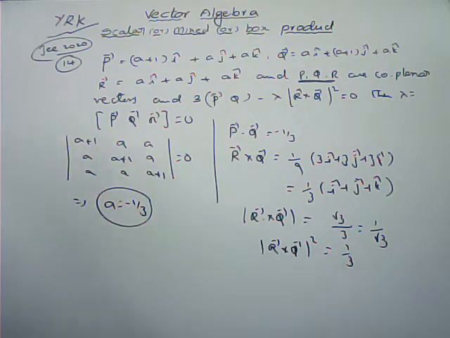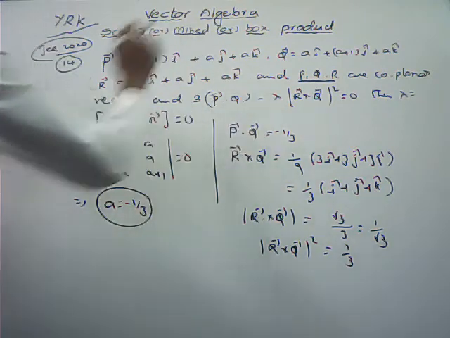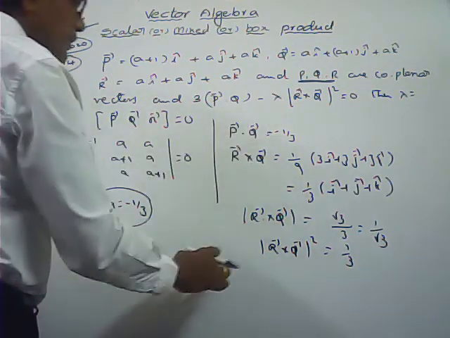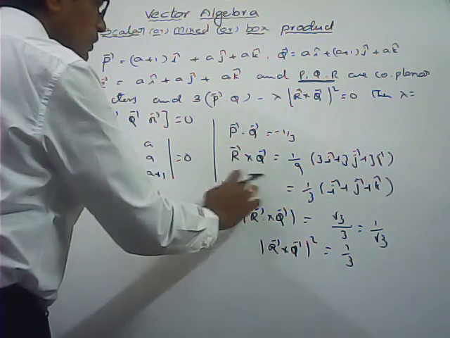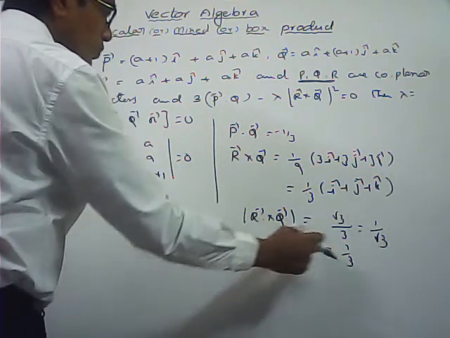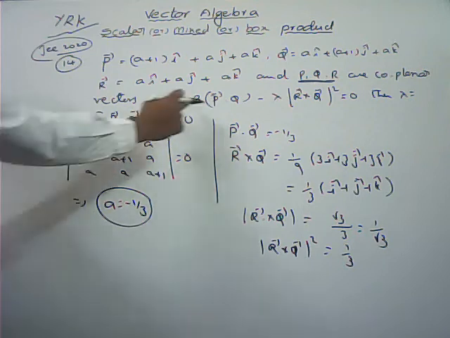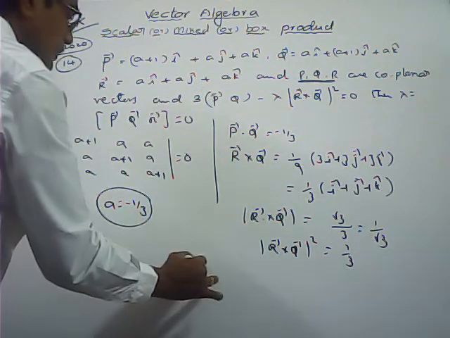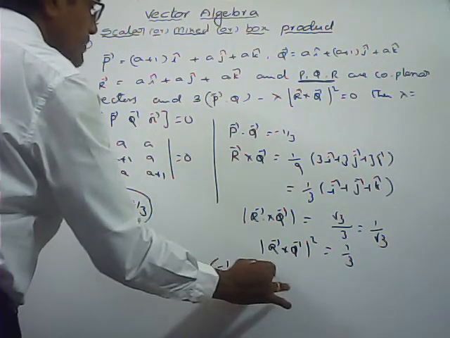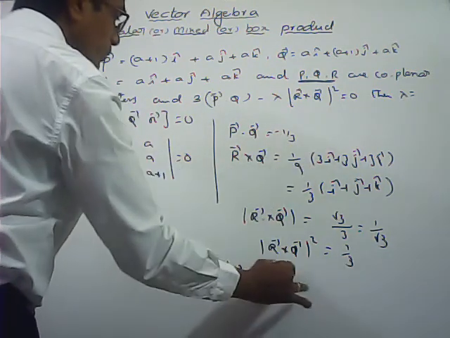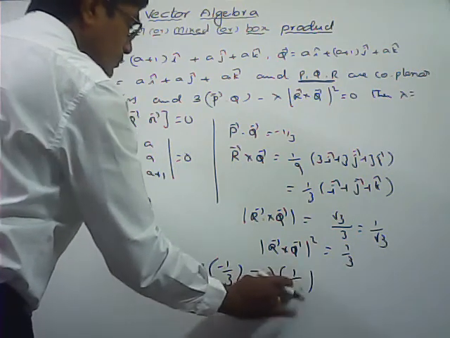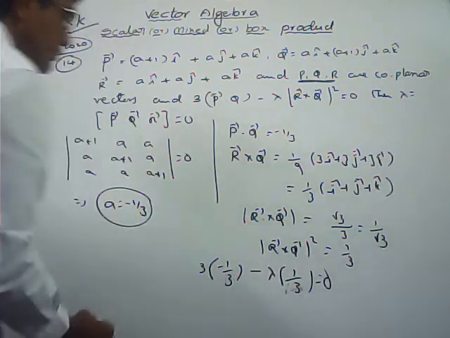In that question I have written it equal to, that is minus only. So here P bar dot Q bar I got minus 1 by 3. Here R bar cross Q bar, modulus 1 by root 3, square of that is 1 by 3. Here you can substitute both the values. 3 into P bar dot Q bar, we got minus 1 by 3, minus lambda into this one, 1 by 3, is equal to 0.